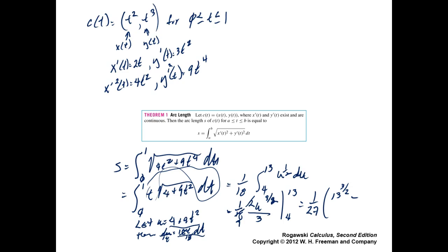Frankly, if I were you, I would take the square root of 4, which is 2. 2 cubed is 8.